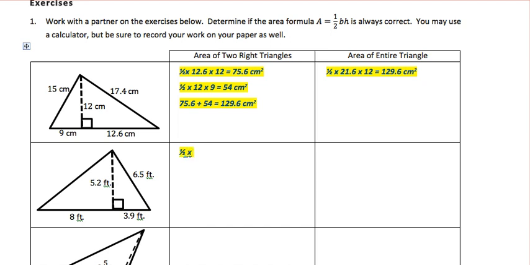We'll start with this triangle on the left, 1/2 times 8 times 5 2/10. And that was 20 8/10 square feet.